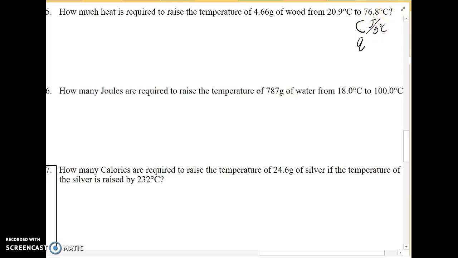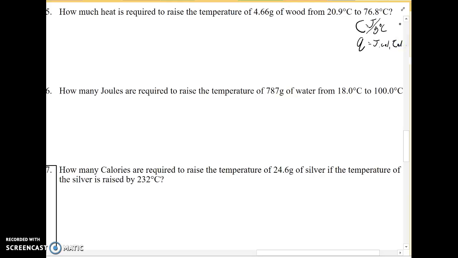Typically, it could also be calories per gram degrees Celsius or food calories per gram degrees Celsius, but we're going to use joules per gram degrees Celsius because that's what our reference is going to be in. And Q, which is heat energy, can be joules, calories, or food calories.